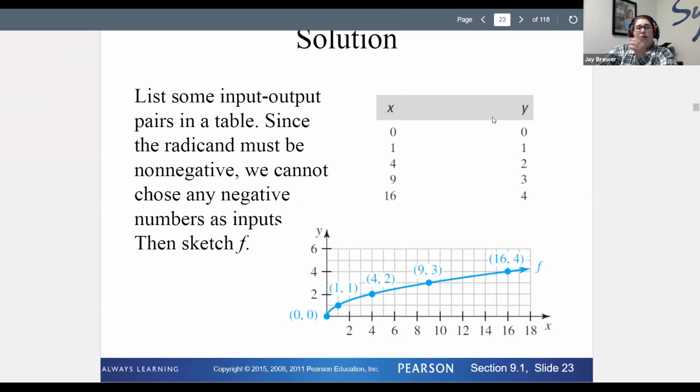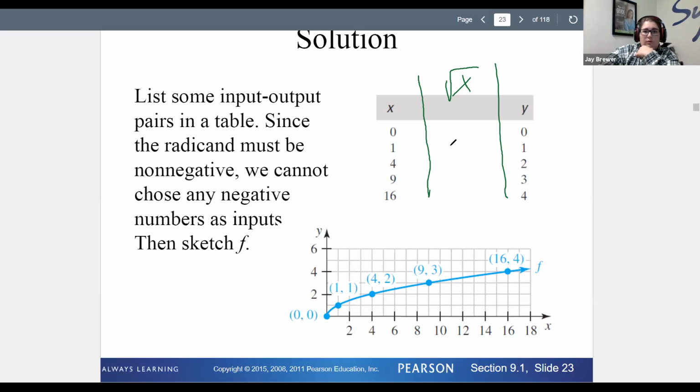So if you were given the square root of x as your function, you're just going to put all your x's that you've picked into the square root of x, and you're going to get your y's out.